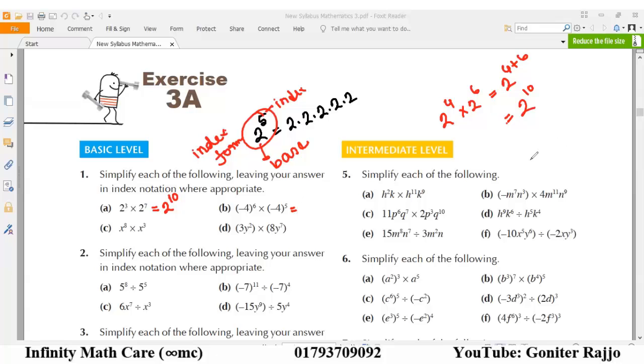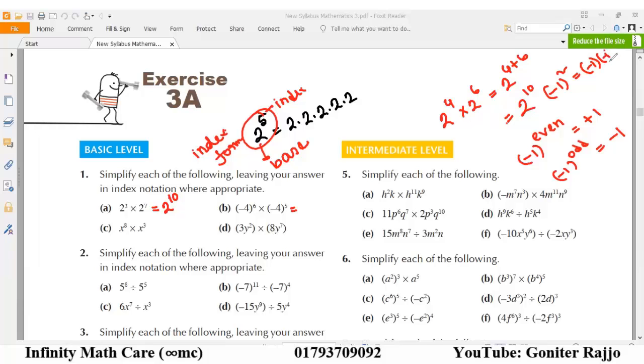We have to understand one thing about negative numbers to a power. Suppose minus 1, or any negative number, to the power of an even number: the answer will be positive. But minus 1 to the power odd, that means if the index is odd, then the answer will be negative. Let's see an example: minus 1 squared. Minus 1 squared represents minus 1 multiplied how many times? 2 times.